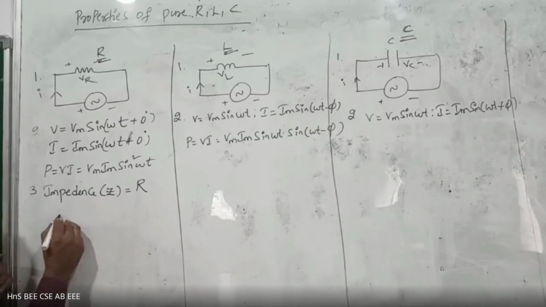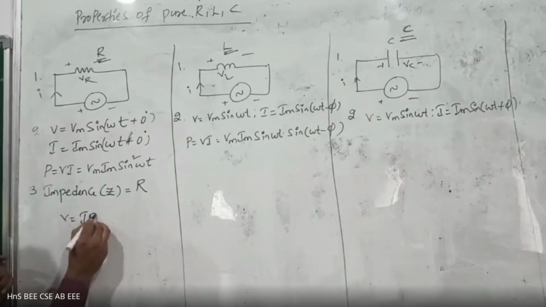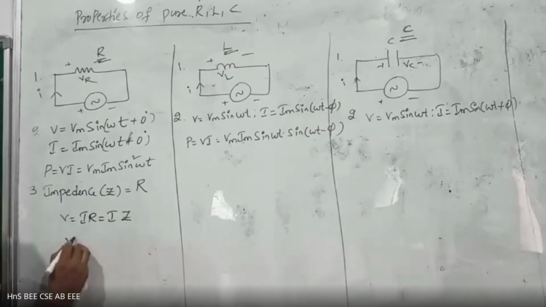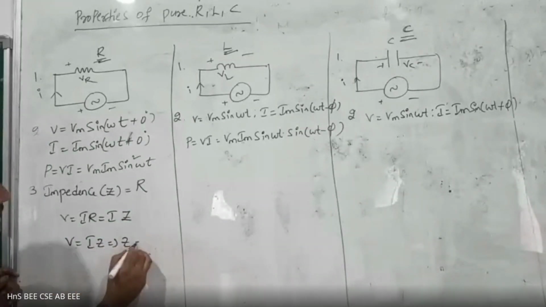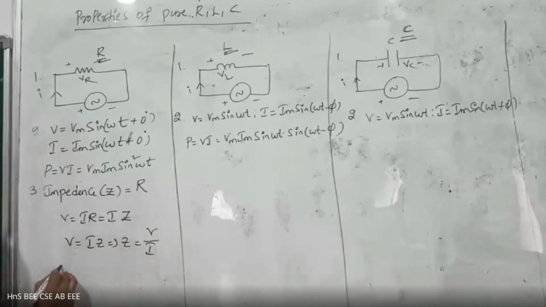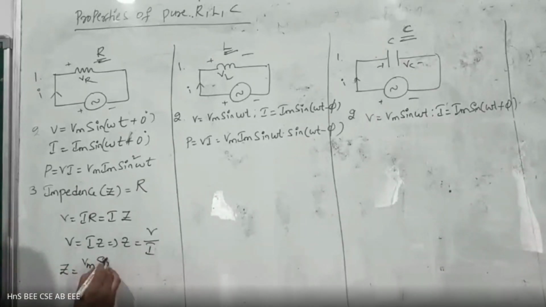Simply, I am writing Ohm's law: V equal to I into R, where R is I into Z. V equal to I into Z can be written as Z equal to V by I. From this, Z equal to Vm sine omega t by Im sine omega t.